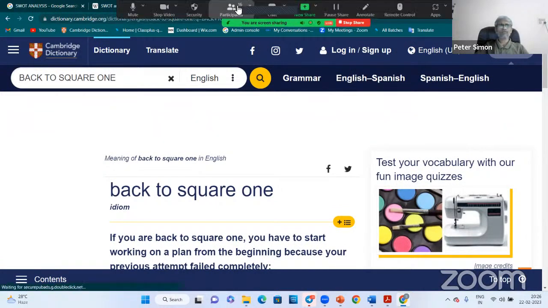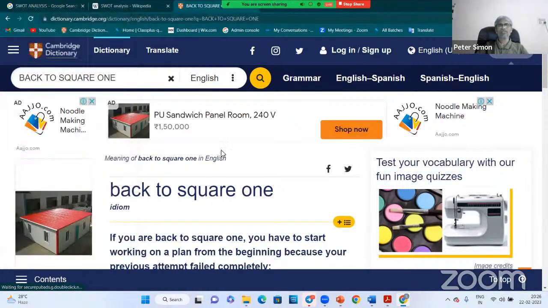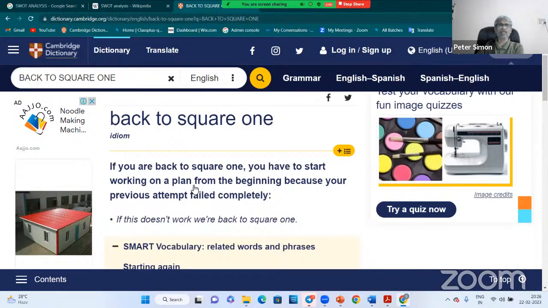I'm giving you a lot of important things. Somebody write all these idioms. Back to square one: you have to start working on a plan from the beginning because your previous attempt failed completely.